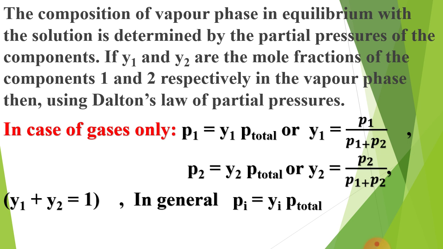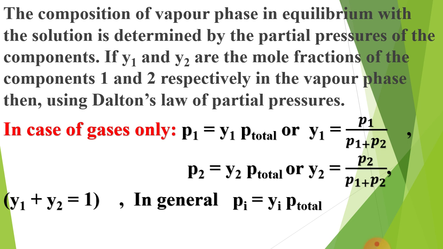In case of gas only, P1 equal to Y1 P total. This formula came from Dalton's law of partial pressure, which we studied in class 11, chapter 5, gaseous state, or Y1 equal to P1 divided by P total, and you know that P total equal to P1 plus P2.